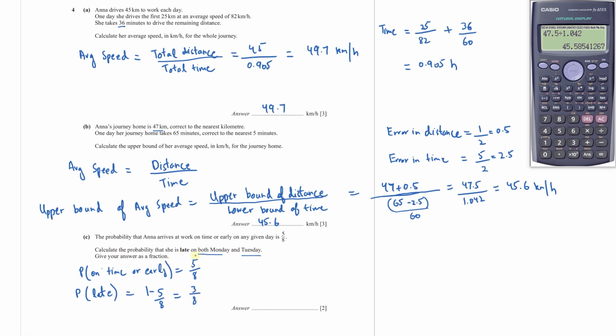Now you need to calculate the probability that she is late on both Monday and Tuesday. So that is late on the first day and late on the second day, which is Tuesday. This will be 'and', so I will multiply. I get 3 by 8 multiplied by 3 by 8, which is 9 over 64.